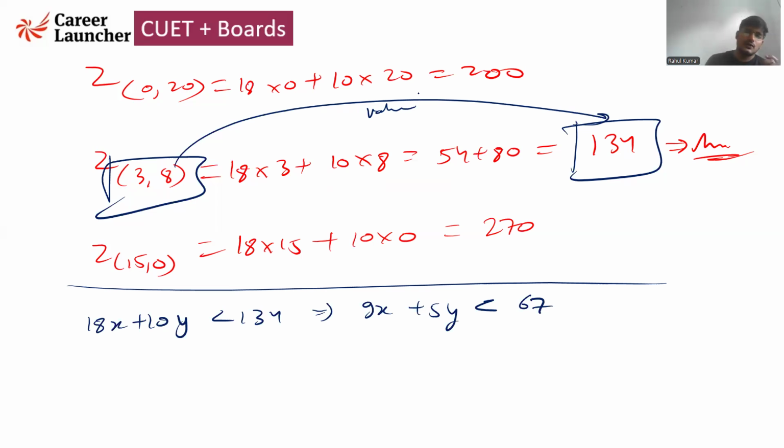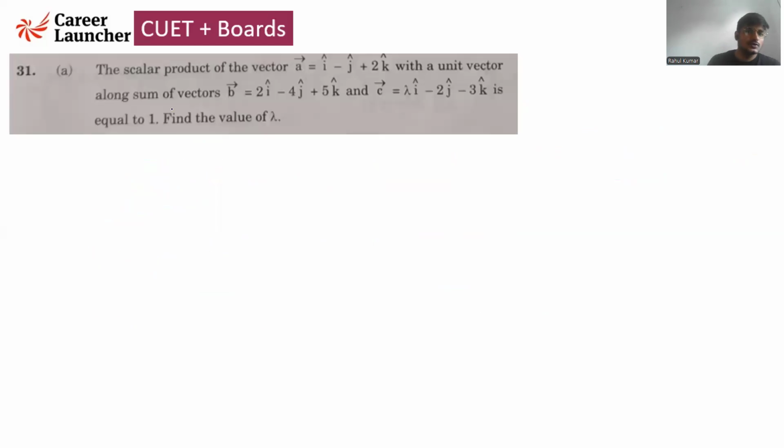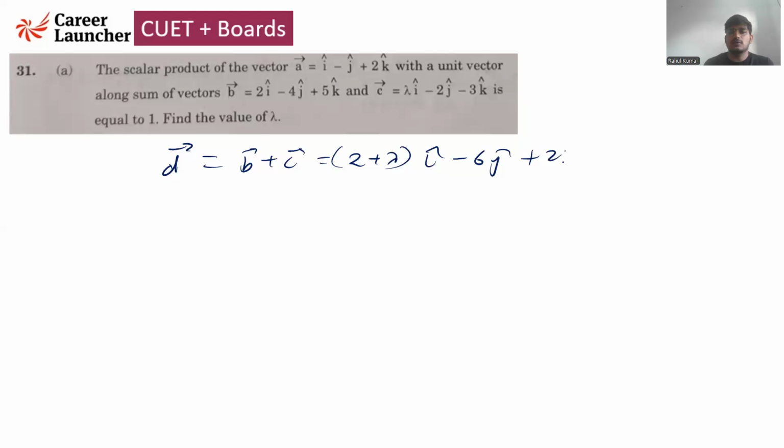Okay guys, now we have the next part. The scalar product of vector A with a unit vector along the sum of B vector and C vector. Okay, let me write B vector plus C vector. Let me label this as 2 plus lambda i cap minus 6 j cap plus 2 k cap, and it is equal to 1. Means A vector dot D vector is equal to 1.